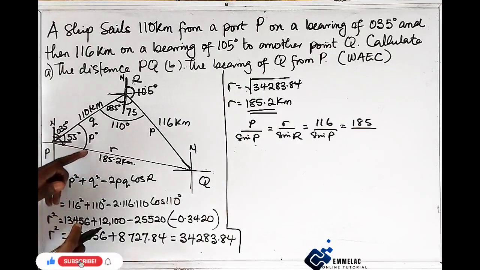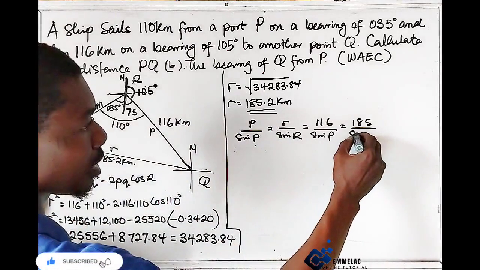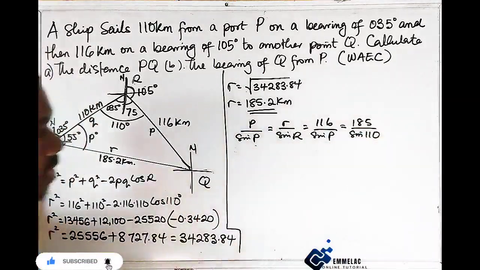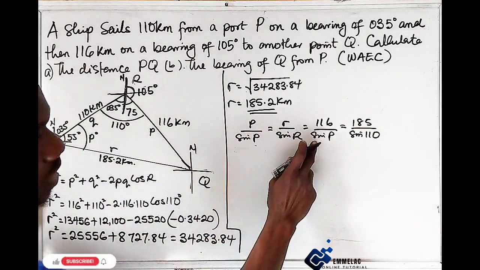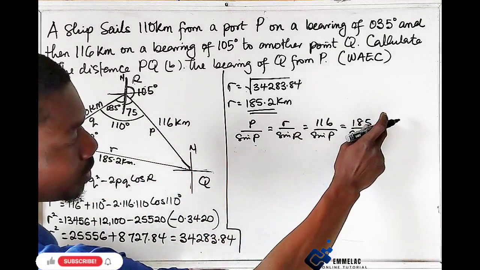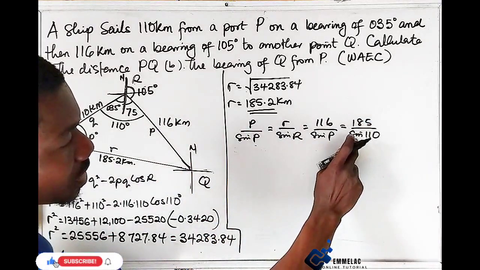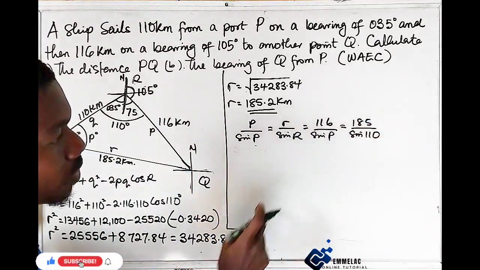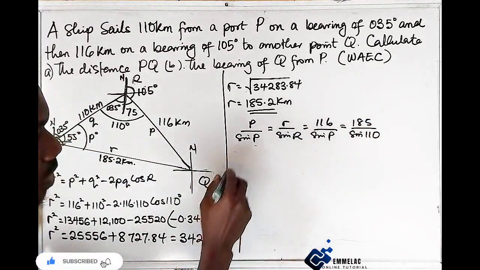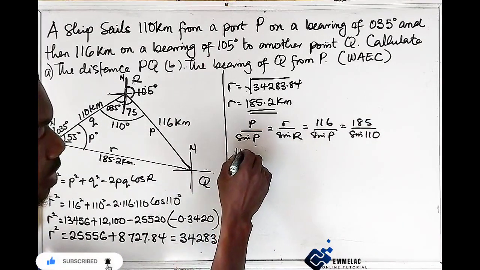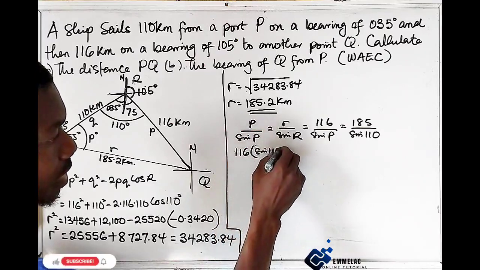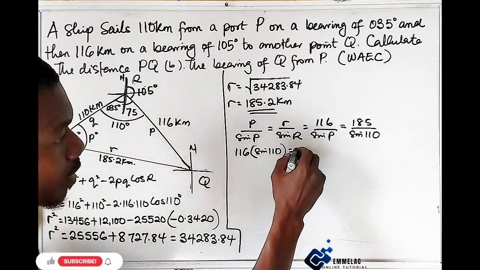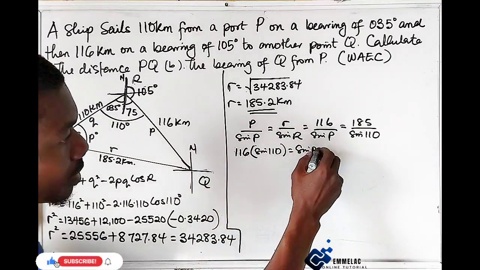Then sine R here will be sine 110 degrees. Let us cross multiply: 116 times sine 110 equals 185 times sine P.